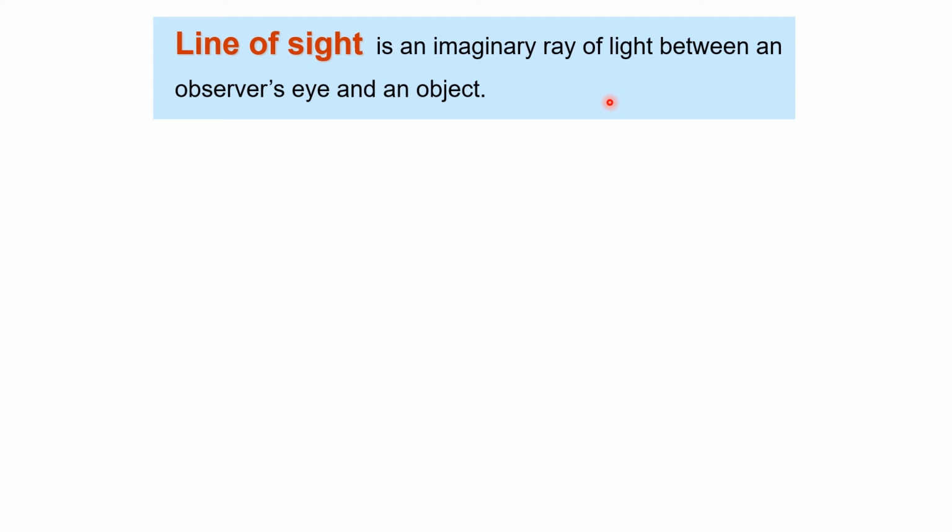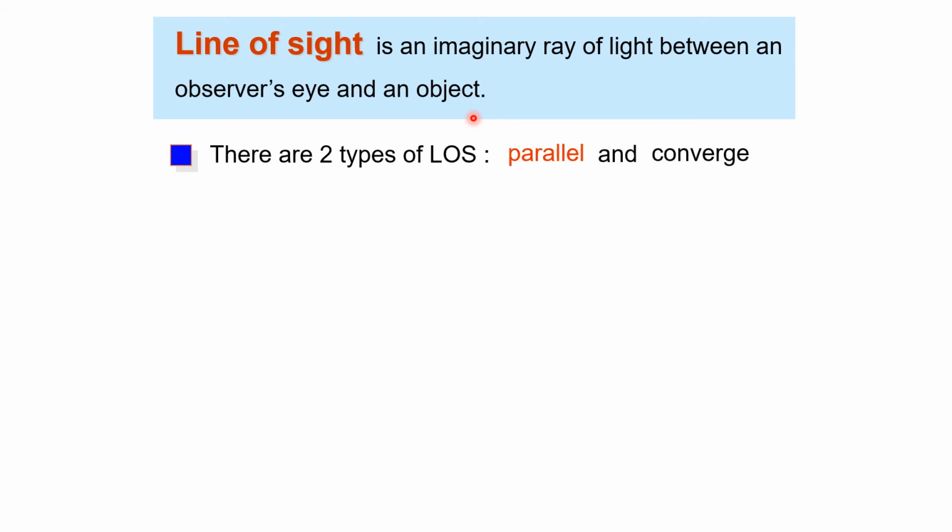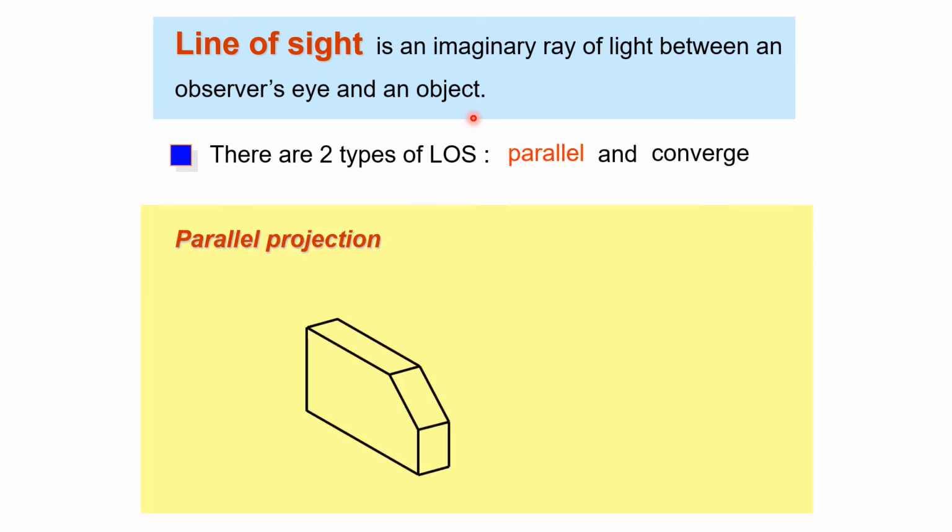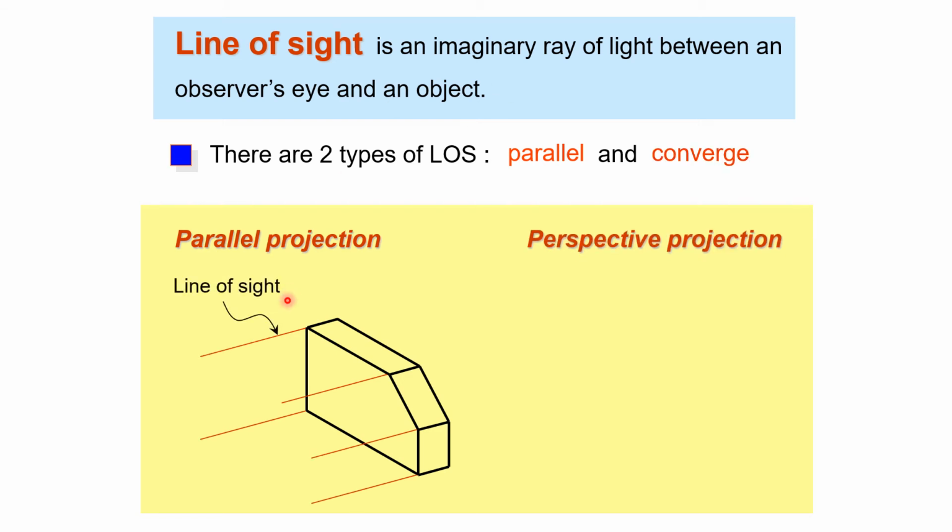Line of sight. Line of sight is an imaginary ray of light between an observer's eye and the object, meaning between the person and the object. There are two types of line of sight, parallel and converging. First, parallel. Here all the lines come at exact locations, meaning parallel.